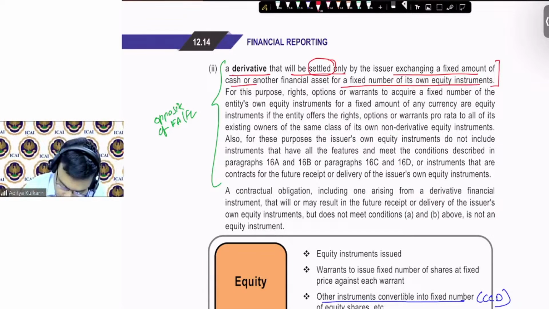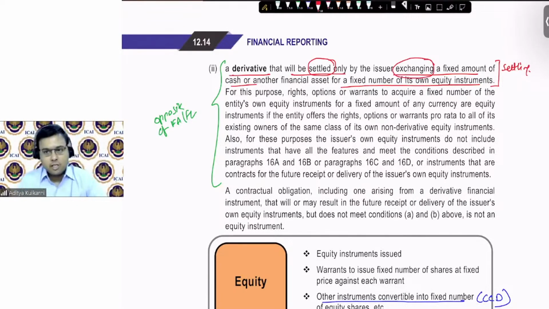You tell me, they are talking about settling. Where are they mentioning issue or receipt? Nowhere. They are saying exchange. You can take cash and issue shares, or pay cash and receive your equity instruments. It's just exchange. Okay. So look at the words: a derivative settled by the issuer exchanging a fixed amount of cash for a fixed number of equity.